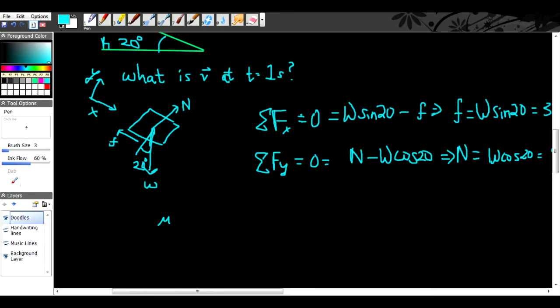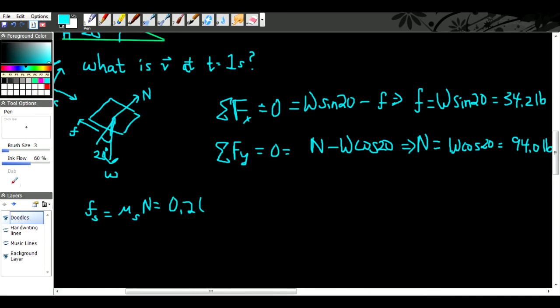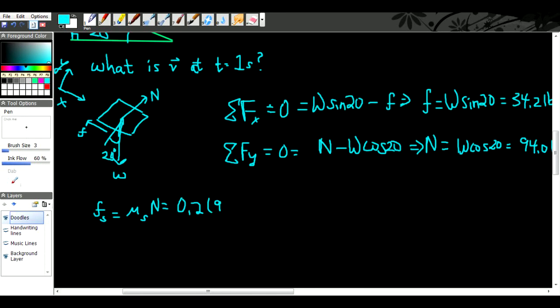The available friction, Fs, is equal to the static friction coefficient times the normal force, which is 0.2 times 94.0, and that comes out to be 18.8 pounds.